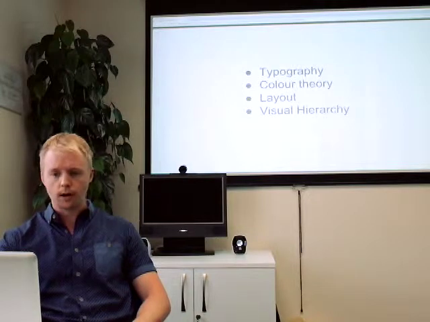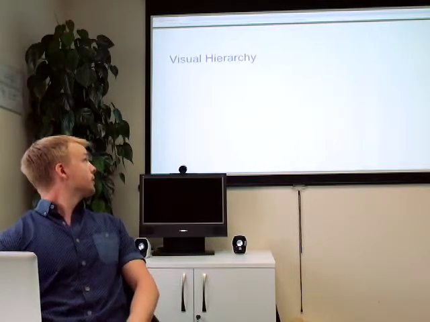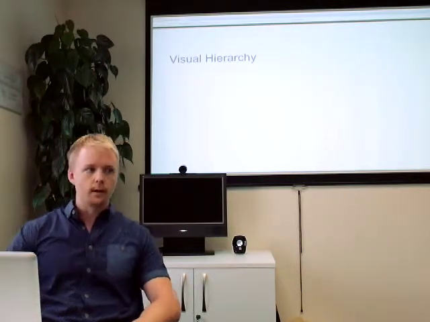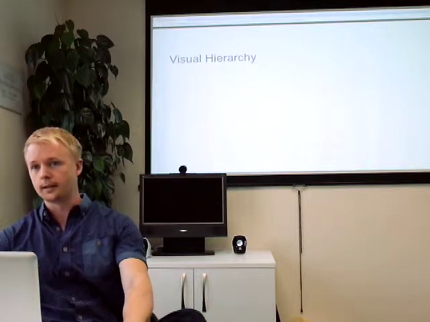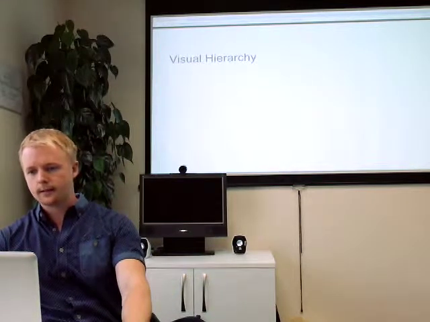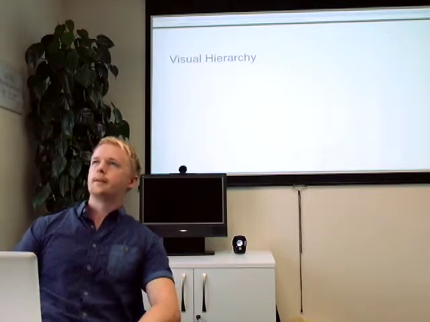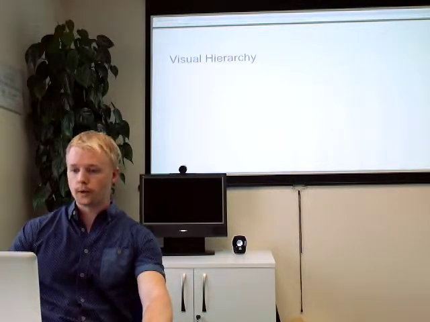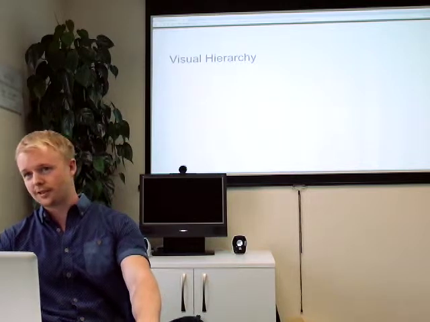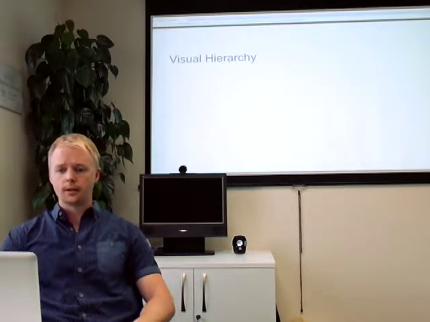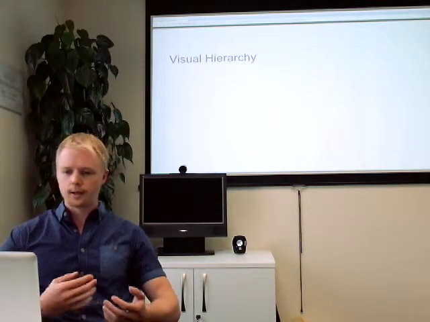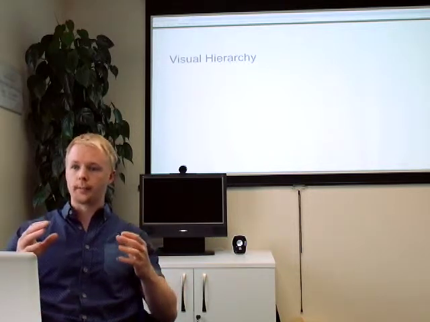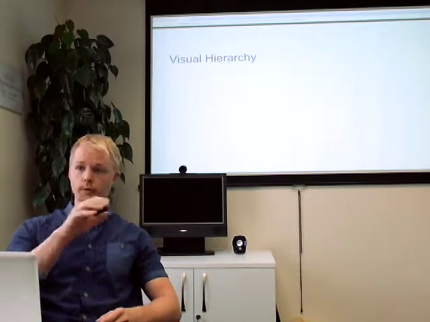And the visual hierarchy element was probably the most useful thing that I did learn. The definition is the perceived order in which a user sees or focuses on elements on the page. But the way I tend to think about it is like the visual story of the page that the user will go through from start to end.